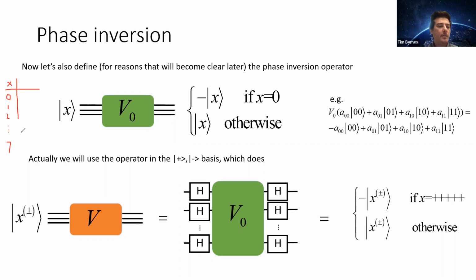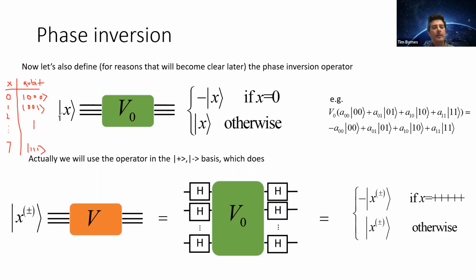And so when I say state, say 0, 1, 2, 3, what that means in terms of qubits is the qubit decomposition. For example, this would be 0, 0, 0, this would be 0, 0, 1, dot, dot, dot, 1, 1, 1.